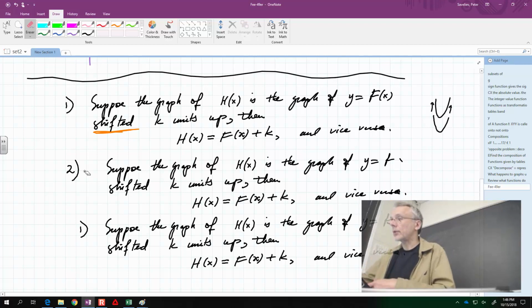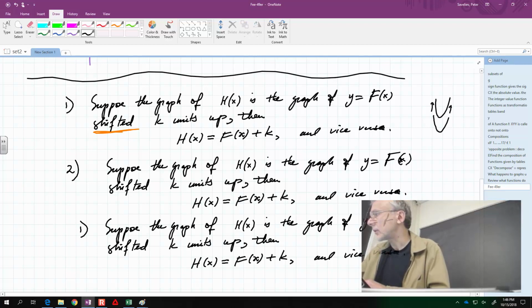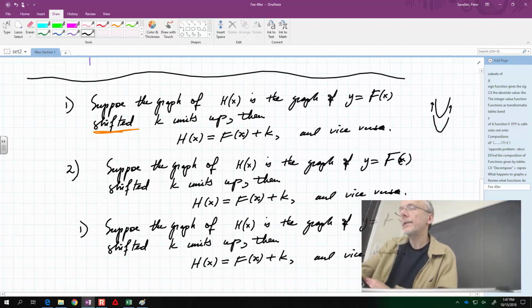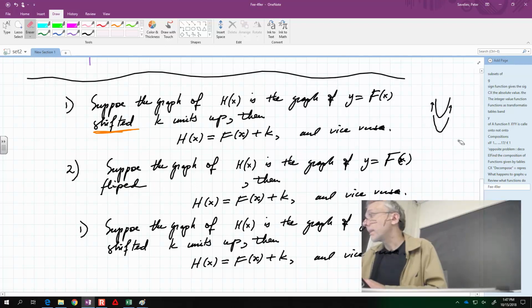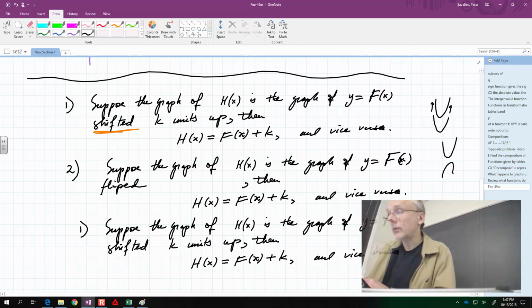Suppose the graph of h of x is the graph of y equals f of x flipped. Flipped which way? What kind of flip have we been talking about? Yes, flipped vertically.